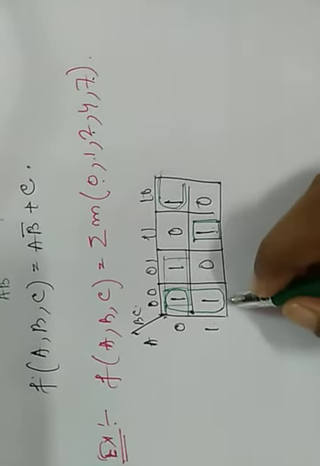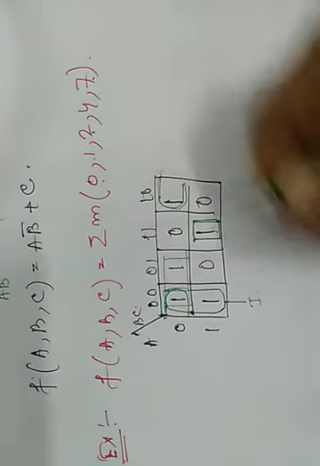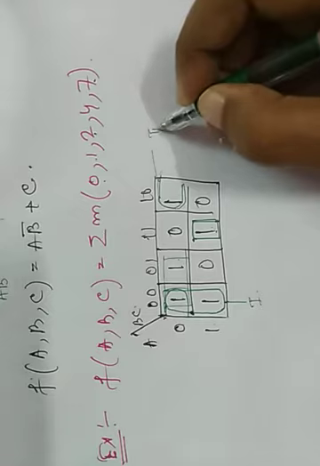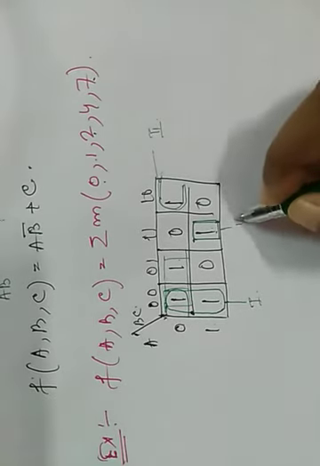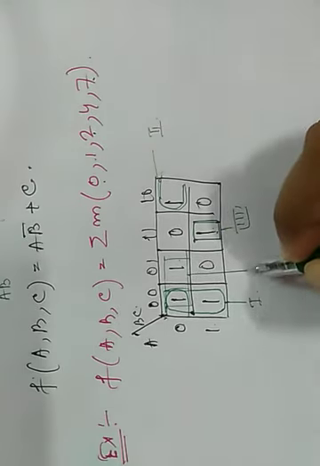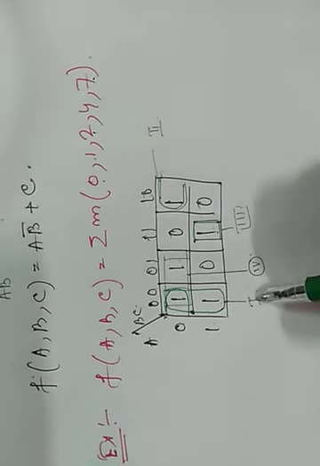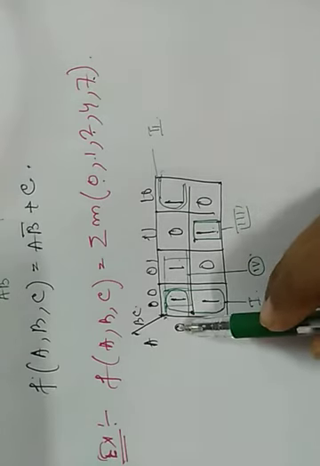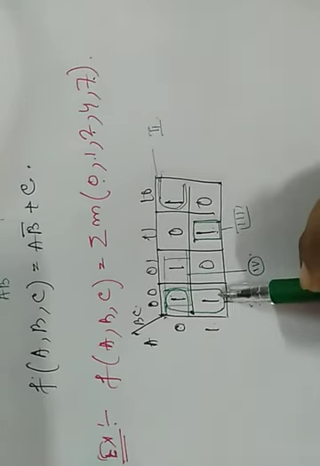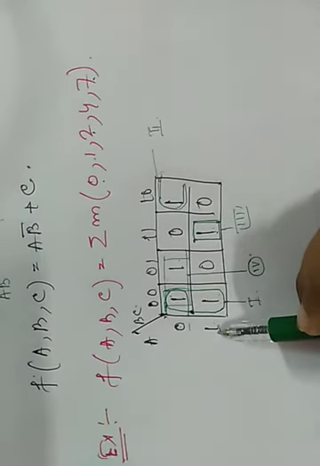Now there are 4 circles. This is 1 circle, this is 2 circle, this is 3 circle, and this is the 4th circle. There are 4 circles, mind it. Okay, so for 1 circle it takes 2 rows, so 2 rows means different value, so any row value cannot come into consideration.